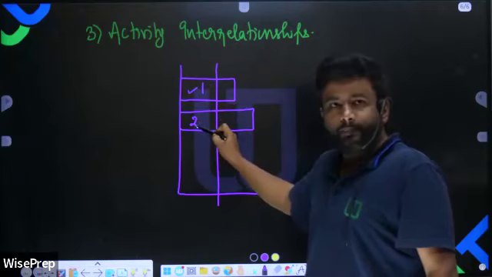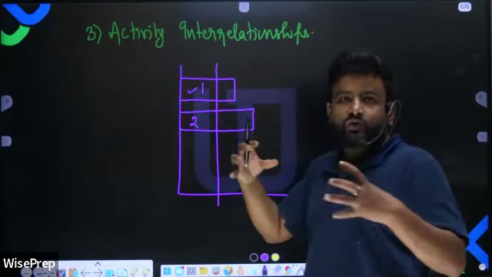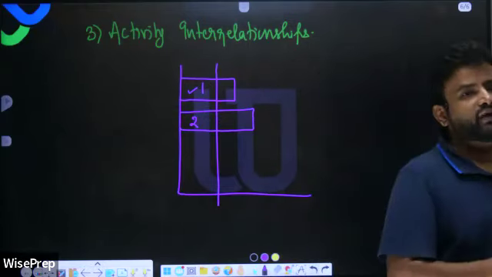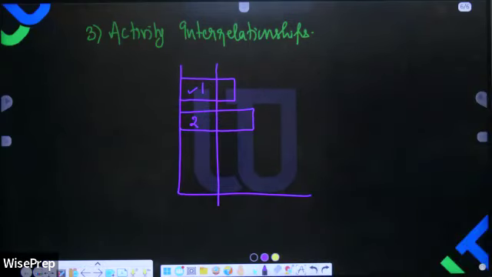So write: it does not show interdependencies and relationships between various activities of the project.